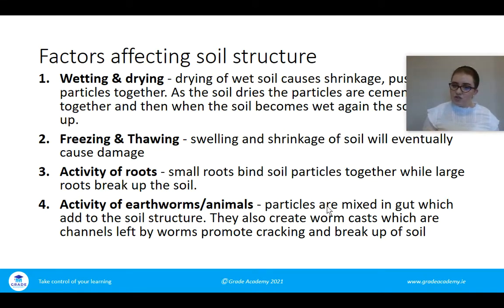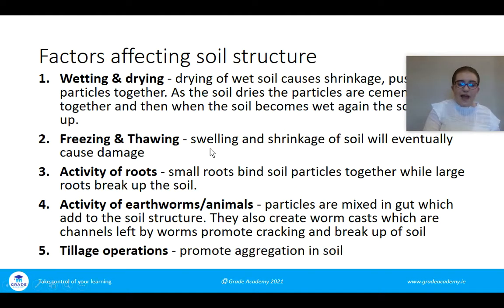And when they put channels through the soil, water and air can move through those channels, and that will influence the drainage and the growth of the soil. And then finally, we have tillage operations. That will promote aggregation in the soil, the clumping together of your soil materials.